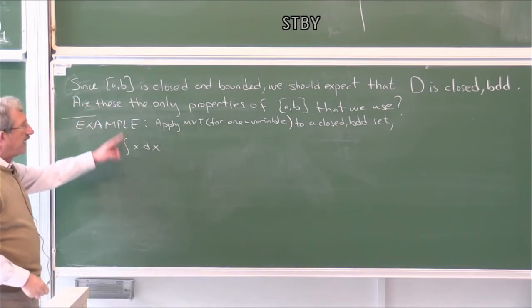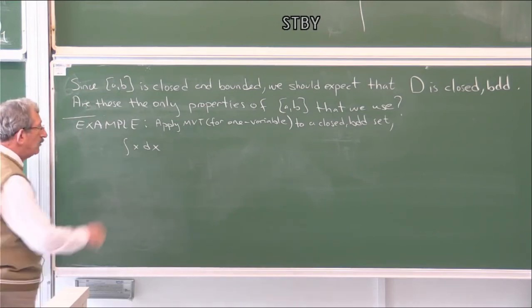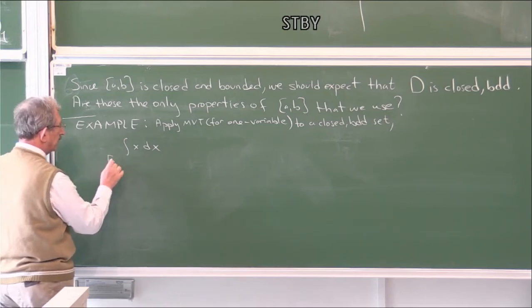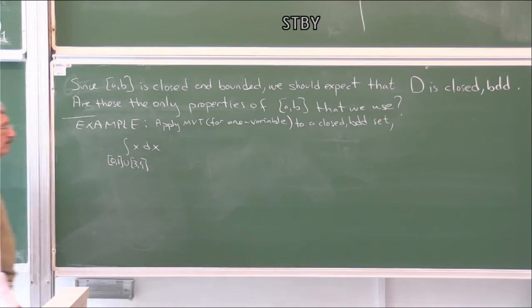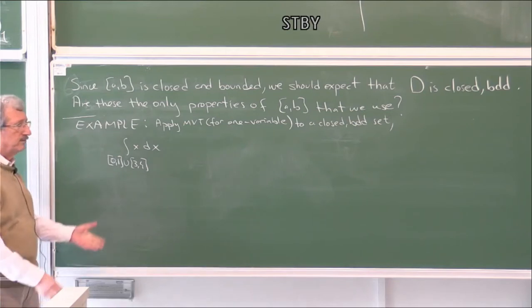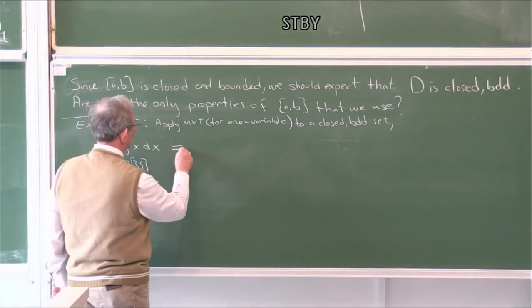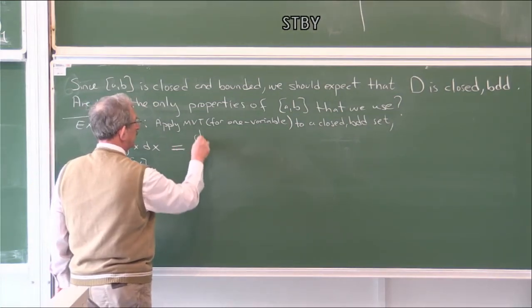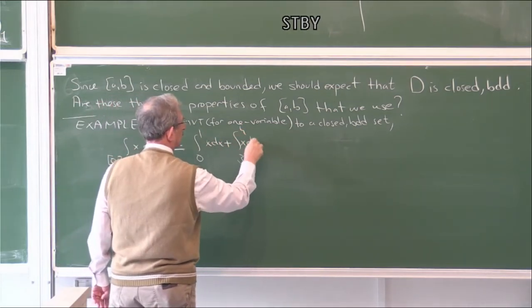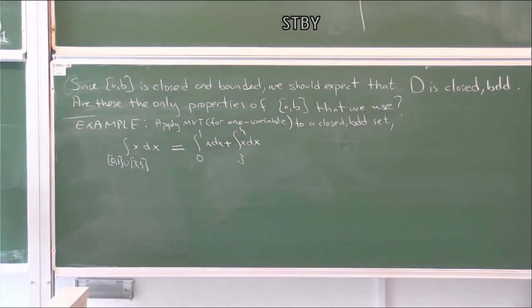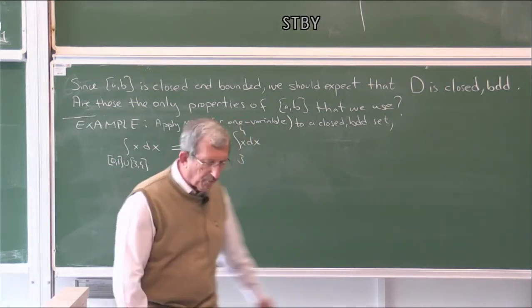I will not evaluate it on an interval [a, b]; I will evaluate it over the interval [0, 1] union [3, 4]. Well, you may ask, we didn't define such things, but these are disjoint intervals, so you can readily assume it means the integral from 0 to 1 plus the integral from 3 to 4 of x dx. One can calculate these things, and when one does, one obtains 4.